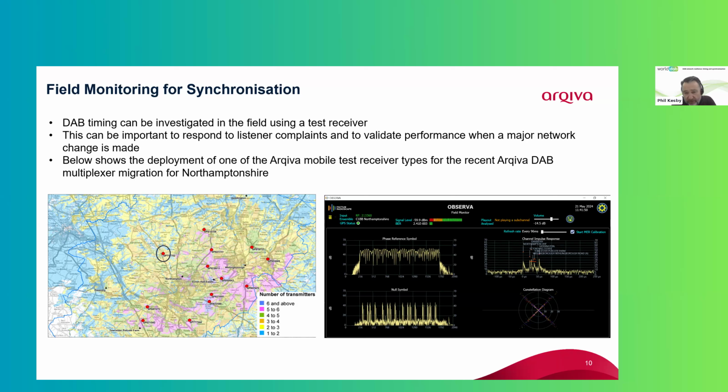And on the top right of our test equipment, you can see that we can see all transmitters. And we know the relative timing of the transmitters in the SFN at that location, and therefore we could easily do a before and after approach where we looked at the relative timing of those transmitters in the network before and after the migration.